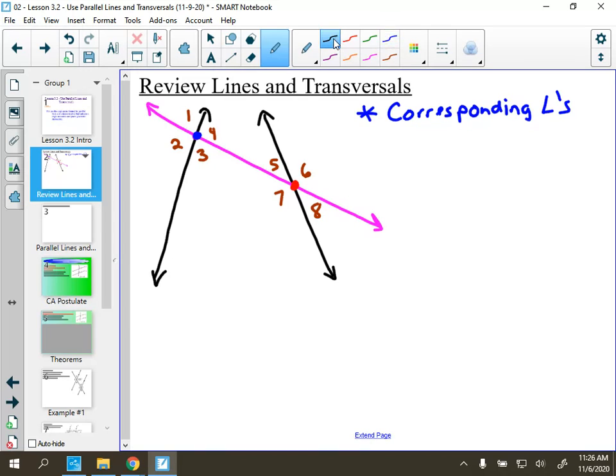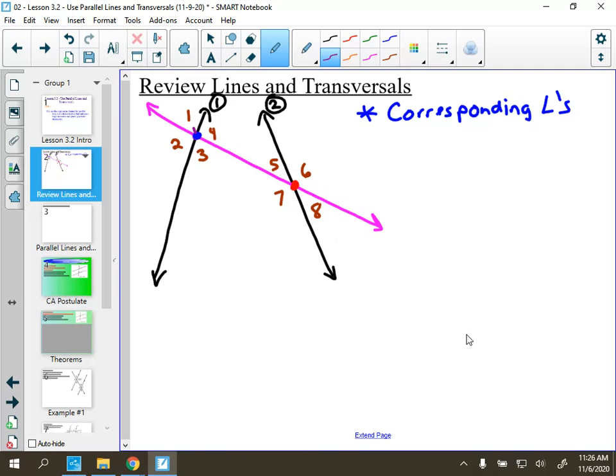Let's call this line 1, just for the sake of reference, and this one line 2, and the transversal. In line 1, I've got angle 1 in the upper left. It's above the pink line and to the left of the black line. So if I come down here and look, above the pink line but to the left of the black line, 1 and 5.